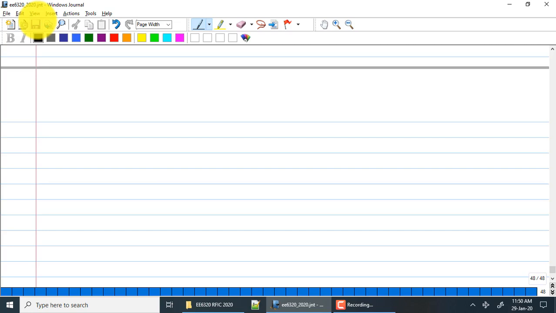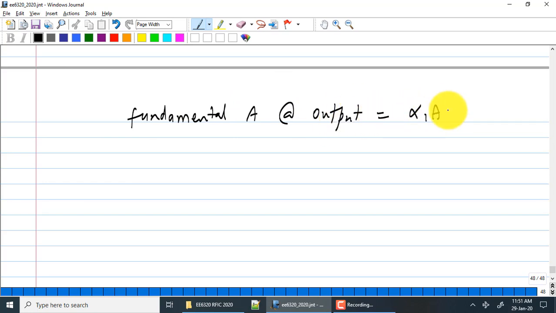So by definition, the IIP3 point is the value of the input for which the fundamental is equal to the third order value, the third order intermod product. So what is the fundamental value? Let us say I apply A cos omega 1t plus A cos omega 2t. What is this? This is alpha 1 A. This is just a small signal value.